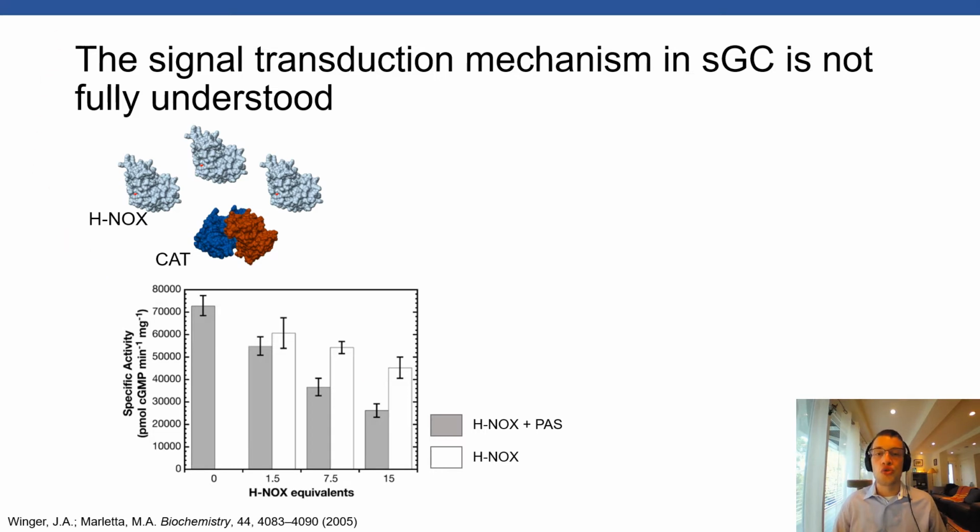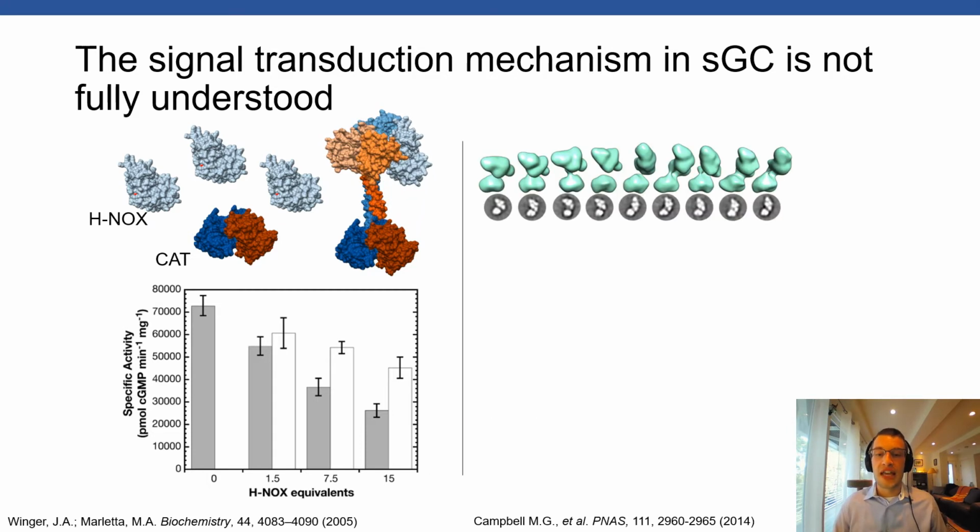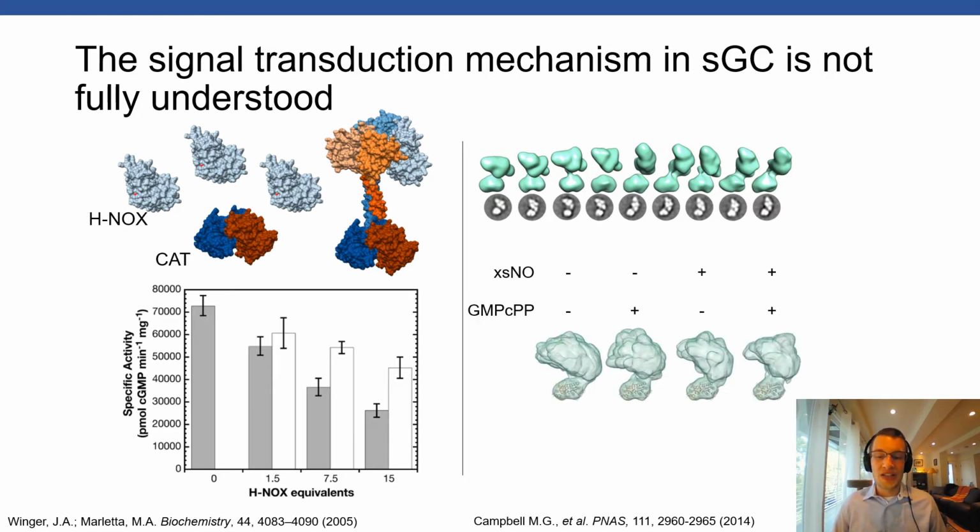This led to the hypothesis that there is a direct interaction between the gas sensing portion and the catalytic portion of SGC. However, in the single particle negative stain EM analysis, no matter what the ligand state was, there were always large amounts of motion between the particles.